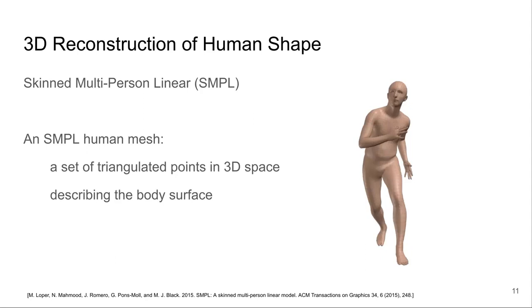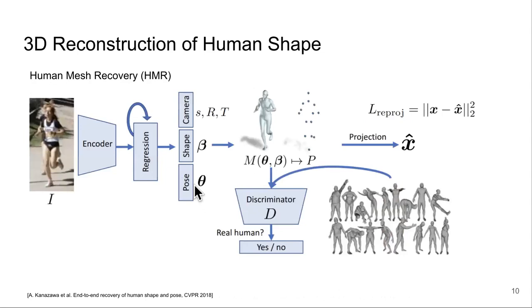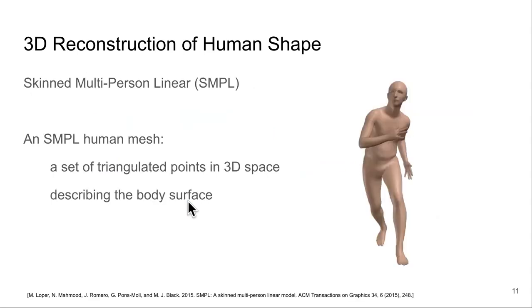Or you could just call it a SMPL model proposed by Loper et al., where the details can be found in this paper. What we should focus on is the ability to translate the inferred body pose and shape information, beta and theta, into a human mesh.